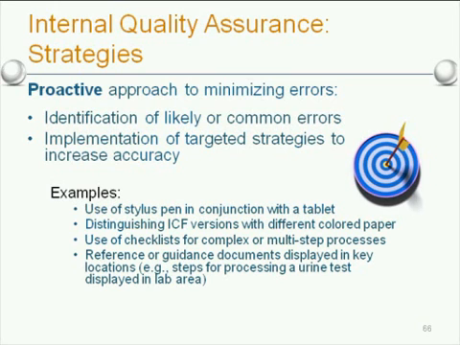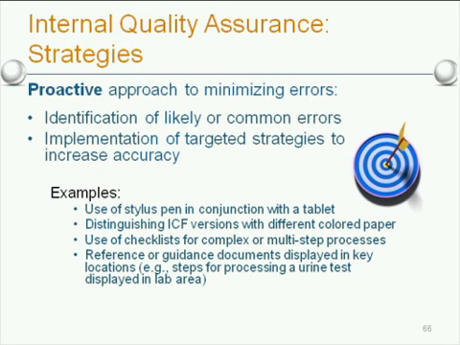One example is that more and more we're using tablets for data entry in trials, and using a stylus pen in conjunction with the tablet can really help to increase accuracy in data entry. It's just a small change, but it can really go a long way in terms of greater accuracy.